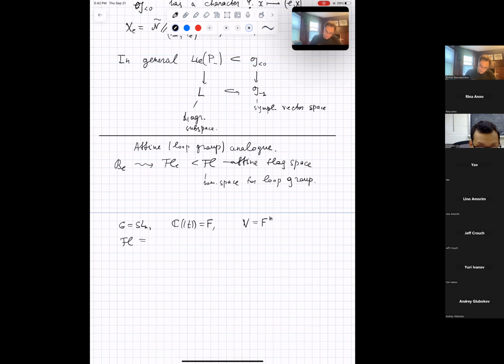So L_0 is contained in L_1, and so on up to L_N, and in principle we can continue, but the condition is that L_{i+N} is T^{-1} L_i. This is for GL_N, and for SL_N there is also a normalization condition: L_0 has relative dimension 0 with the standard lattice.